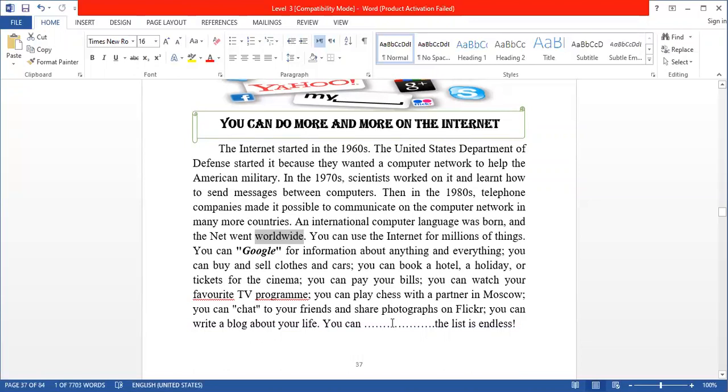Chess here means a game of two people on a board marked with black and white squares, on which each playing piece, representing a king, a queen, a castle, etc., is moved according to special rules.